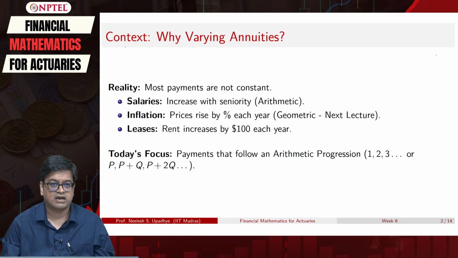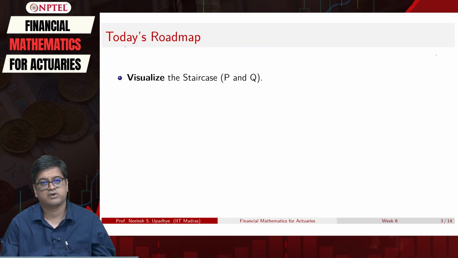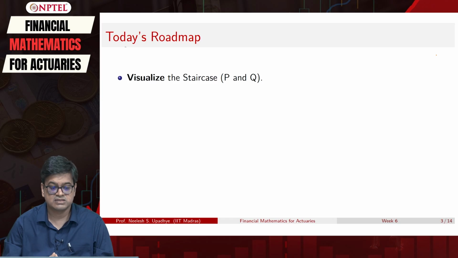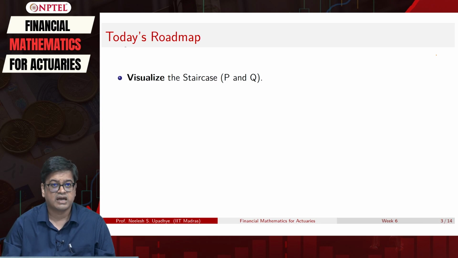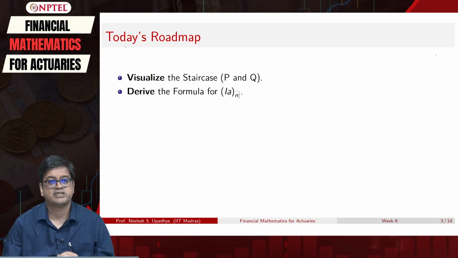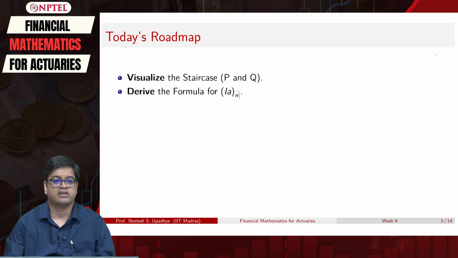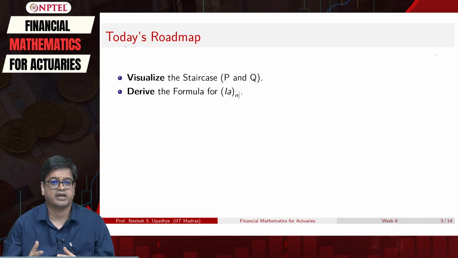Let us design a roadmap for today. First, we will visualize these arithmetically increasing annuities as a staircase function, and then we will derive the formula for calculating the present value of these increasing annuities for a period of n.